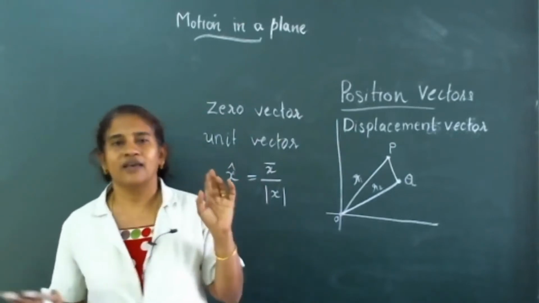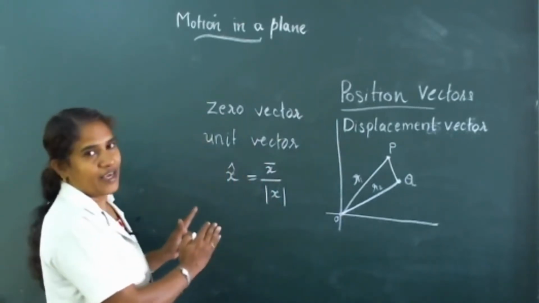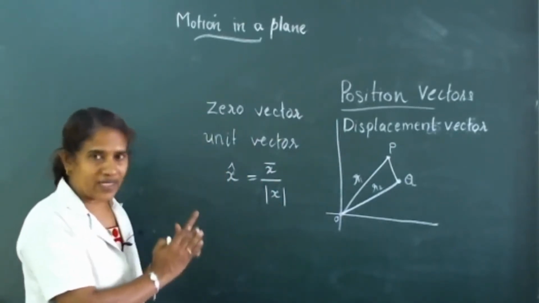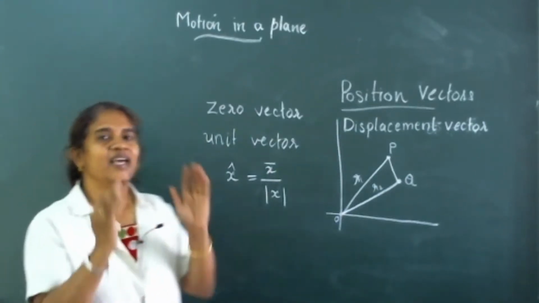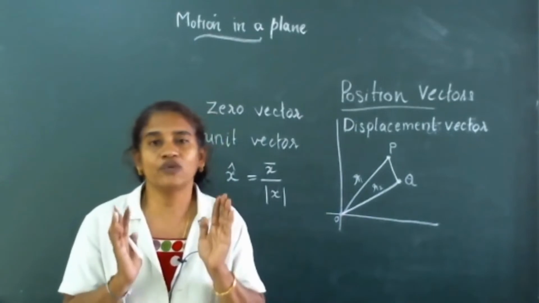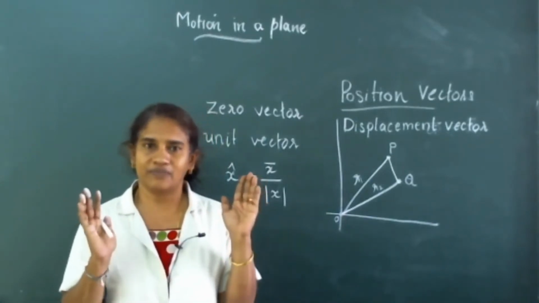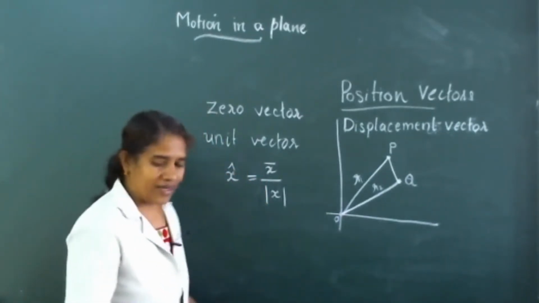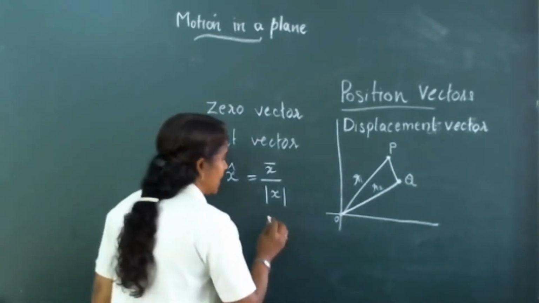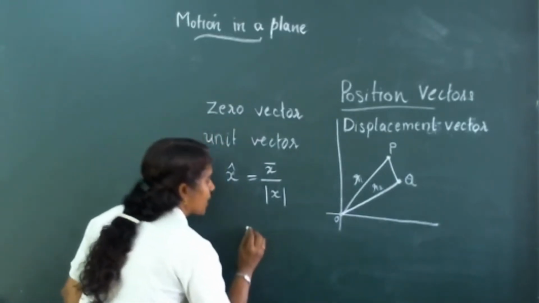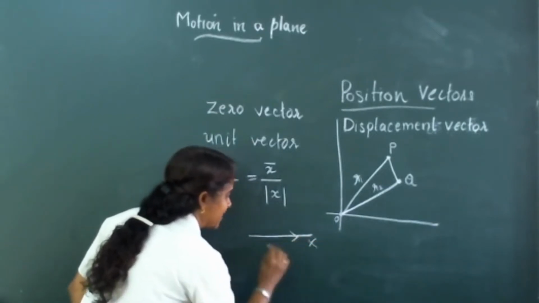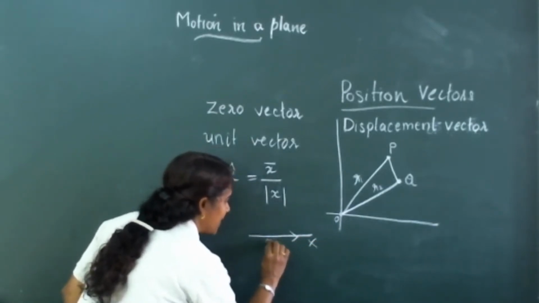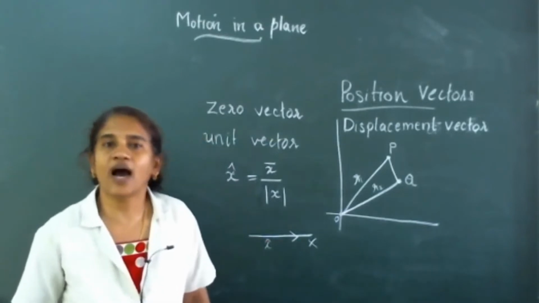One more thing: when we are taking a vector in the x direction, y direction and z direction, their specified unit vectors are there. Therefore, let us see those unit vectors. The unit vector along the x-axis is represented by small letter i.